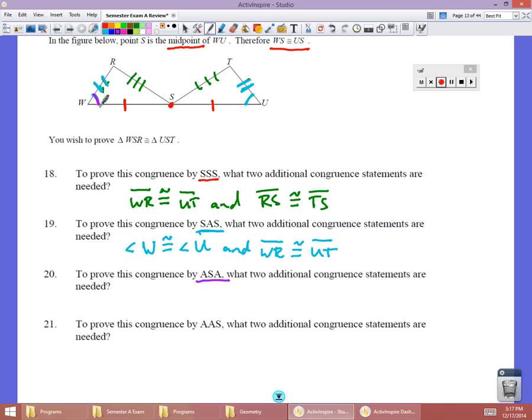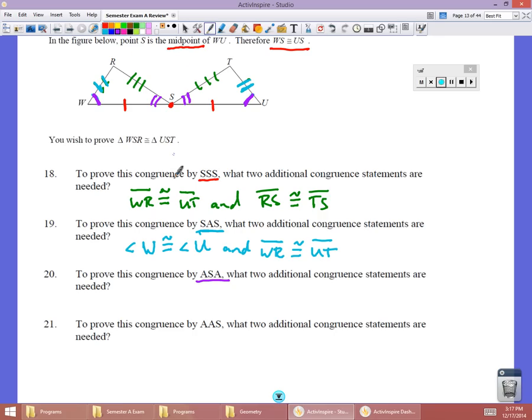So we're going to use this angle again, U and W. And then the other angles have to be included, which are these. Now, a common mistake is to just name these angles as angle S, but we can't name them angle S because S could be any of these three different angles. If we just said angle S, we don't know which angle we're talking about.